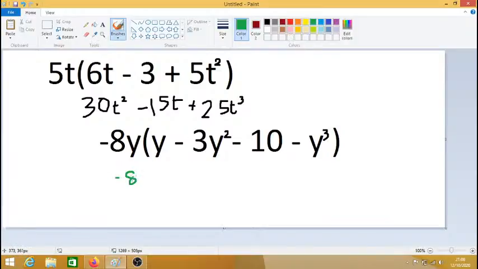Minus 8y squared, plus 24y cubed, plus 80y, plus 8y to the power 4.